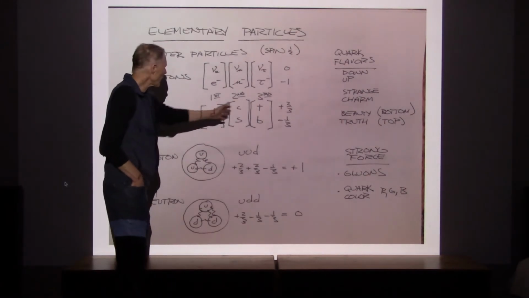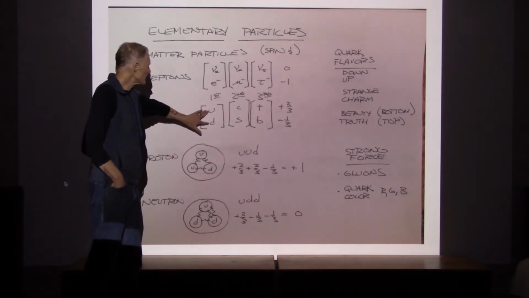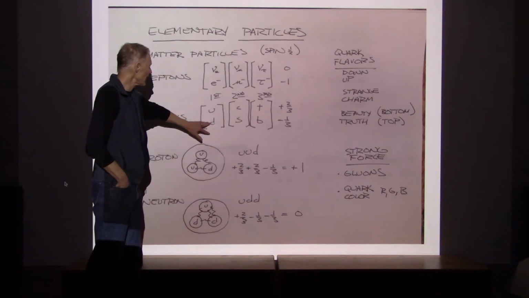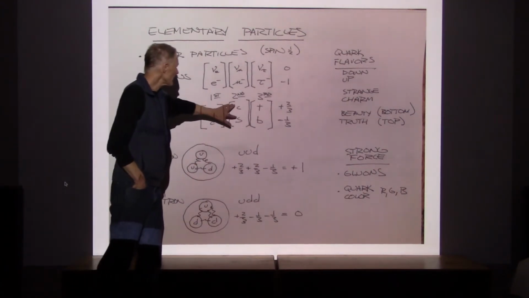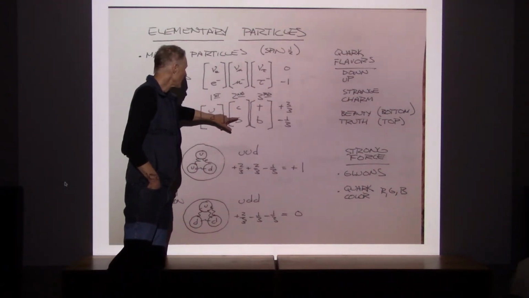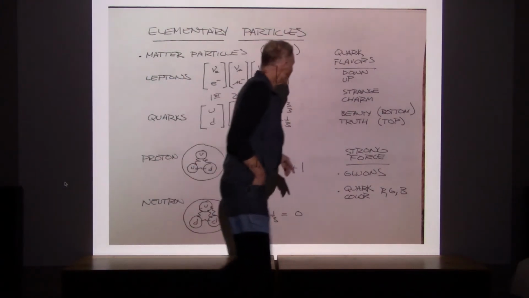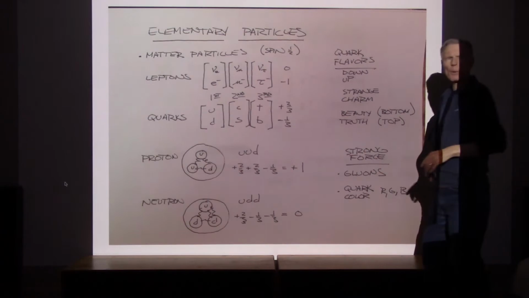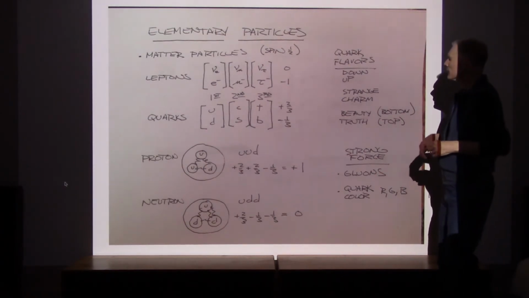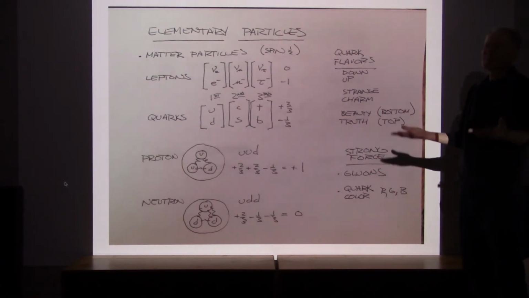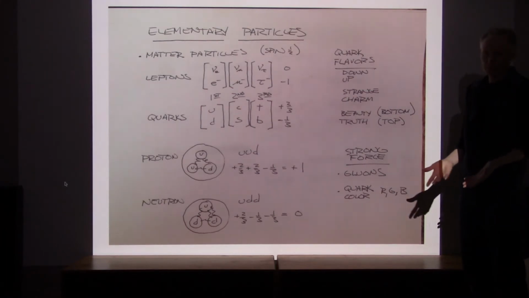Now, to finish out these generations, we said the first generation were listed as down and up. The second generation has flavors of strange and charm. Now, the way this worked with the naming is, first of all, a lot of this stuff was discovered during the 60s.